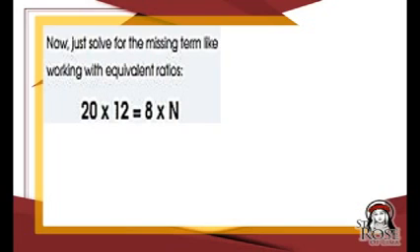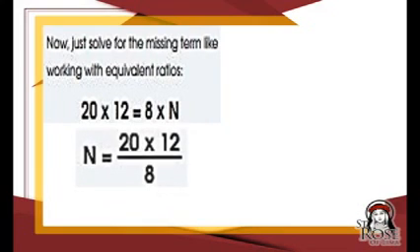So we have 20 multiplied by 12 is equal to 8 multiplied by n. And that's also going to be equal to n is equal to 20 multiplied by 12 divided by 8.